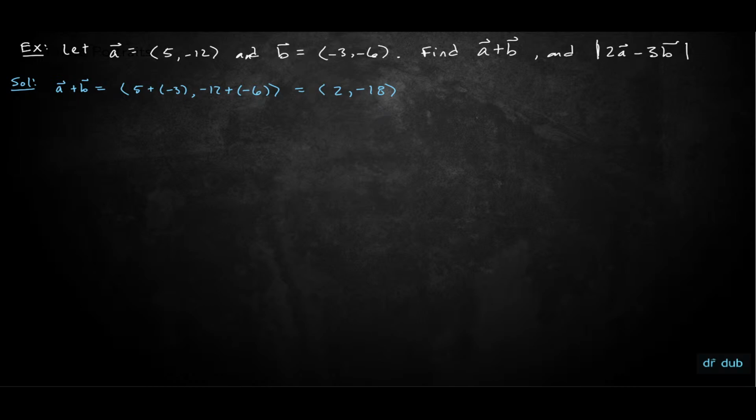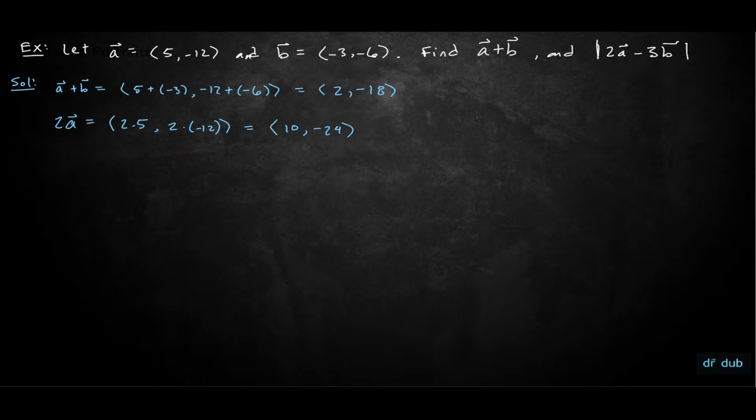So that one's pretty easy. Now we need to find the magnitude of the vector 2a minus 3b. Well, what's 2 times a? 2a is going to be 2 times 5, comma, 2 times -12, which is going to be 10, comma, -24.